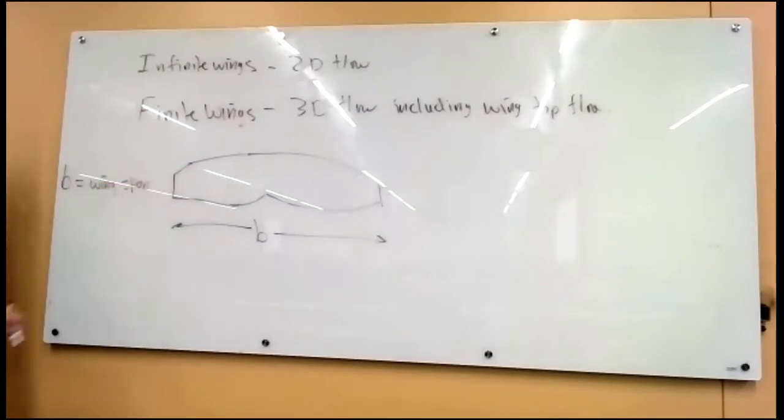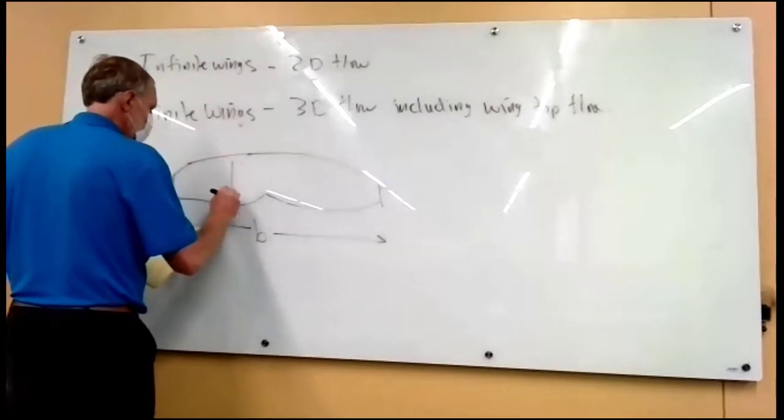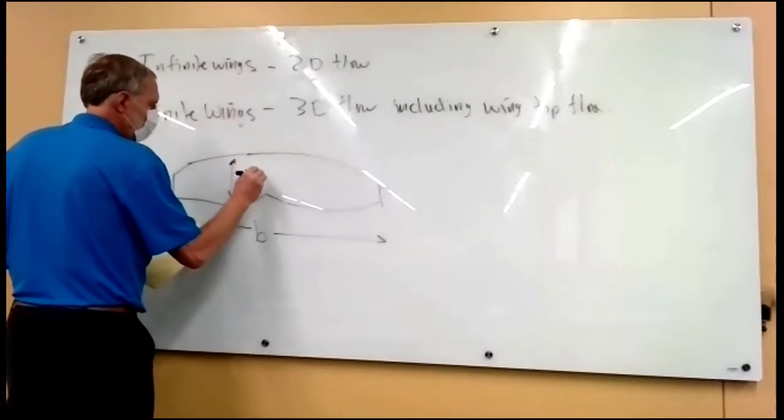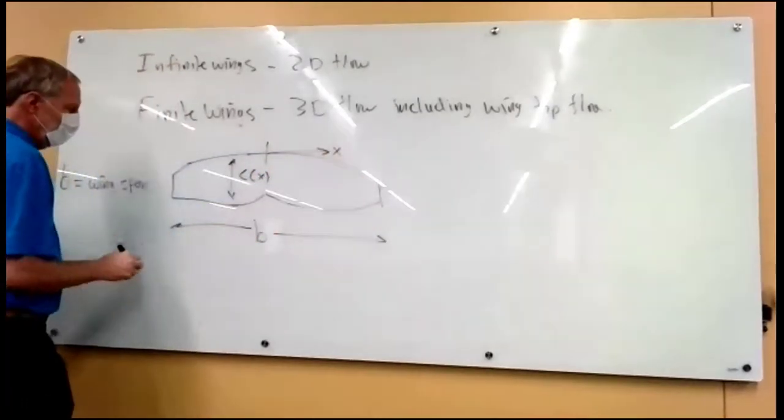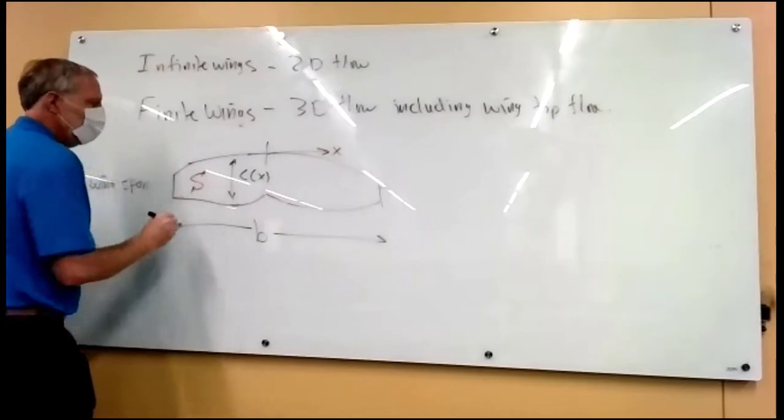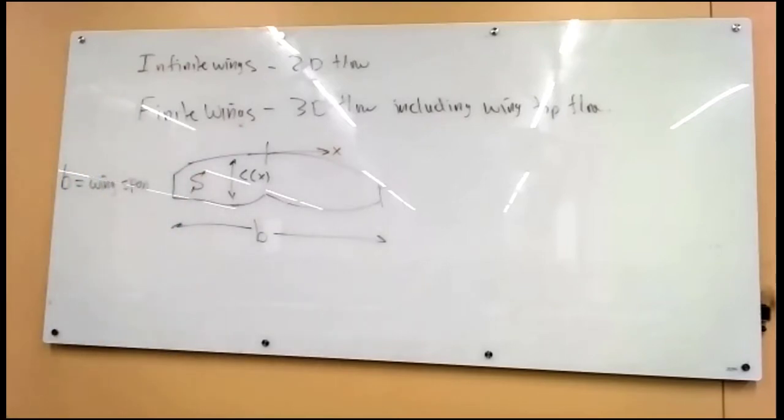And I deliberately drew it with a non-uniform chord. The chord changes depending on where you are. So the chord is a function of the x distance out along the wing. And the wing will have some kind of area that we'll have to figure out. In fact, we'll have to integrate that chord times the position, we'll get little area strips and add them all up.